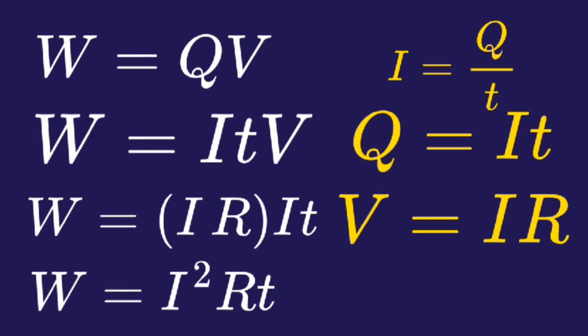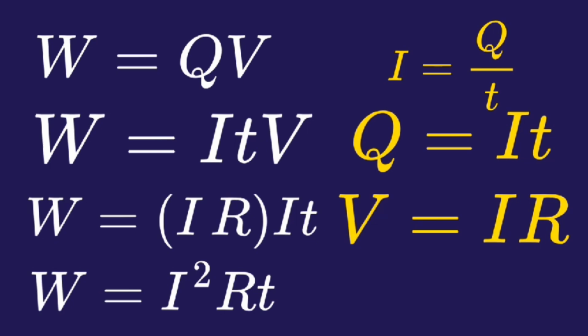Let's derive this formula. As we know, W, the work done, is the product of QV, so we'll substitute the value of Q from the formula for current, that is I = Q/T. From this we can conclude that Q = IT, and substitute this value in the equation of work done.